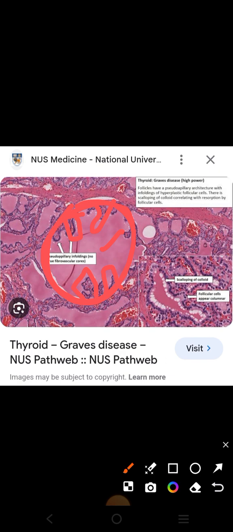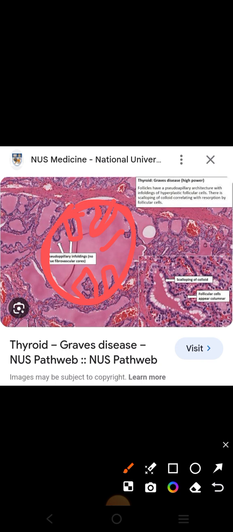So inside their papillae there is a fibrovascular core, but in the case of Graves' disease these are pseudopapilla. Why are they called pseudopapilla? Because there is no true fibrovascular core, which must be present in a true papilla.